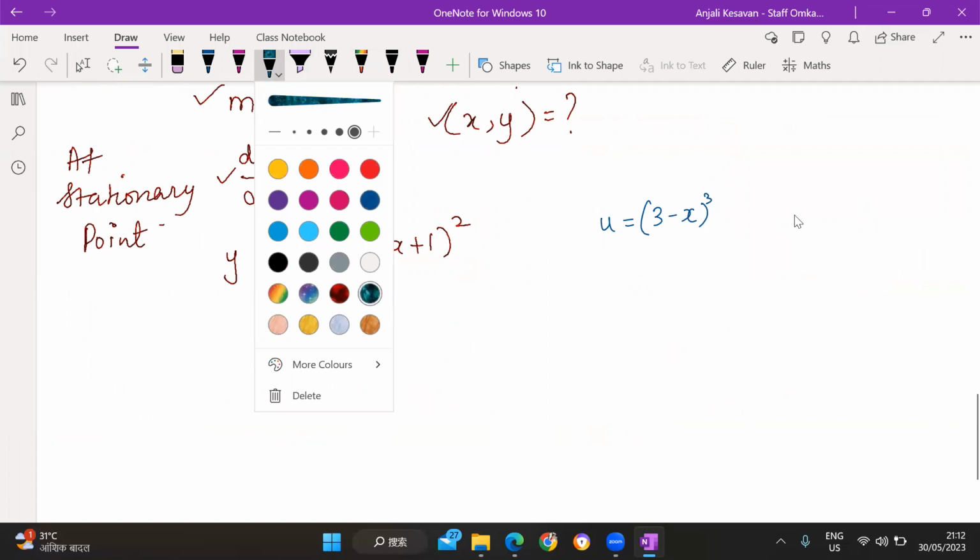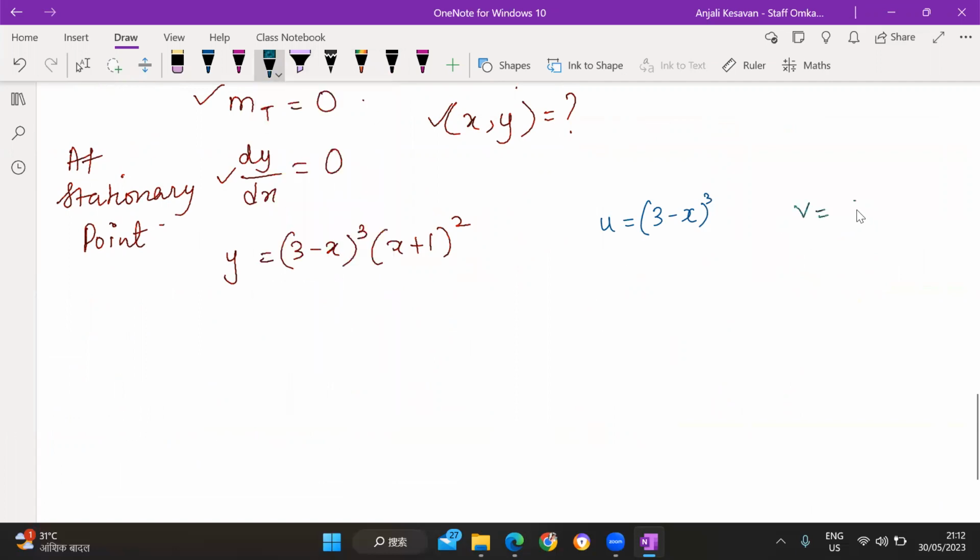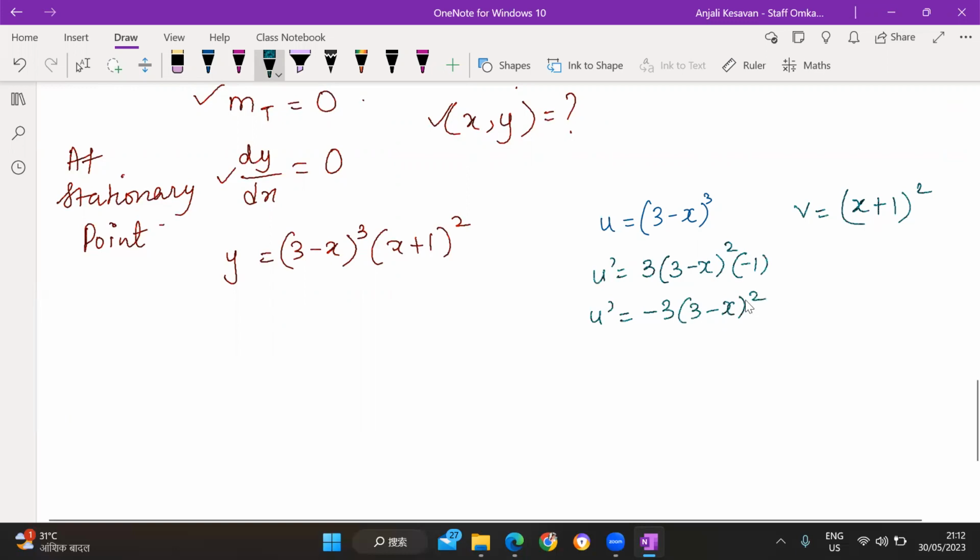What is v? x plus 1 the whole square. So what is u prime? 3 times 3 minus x the whole square times minus 1. Very good. Simplifying further, you get negative 3 times 3 minus x the whole square.